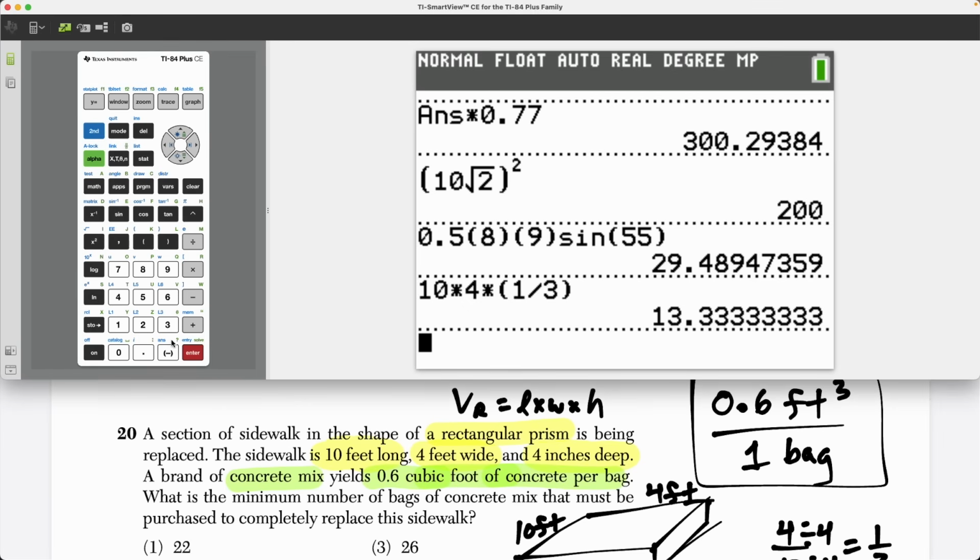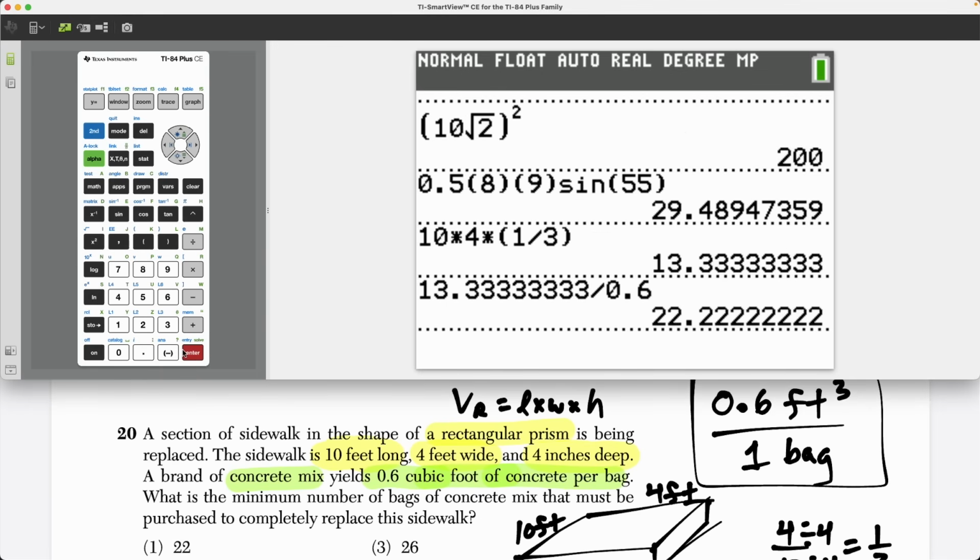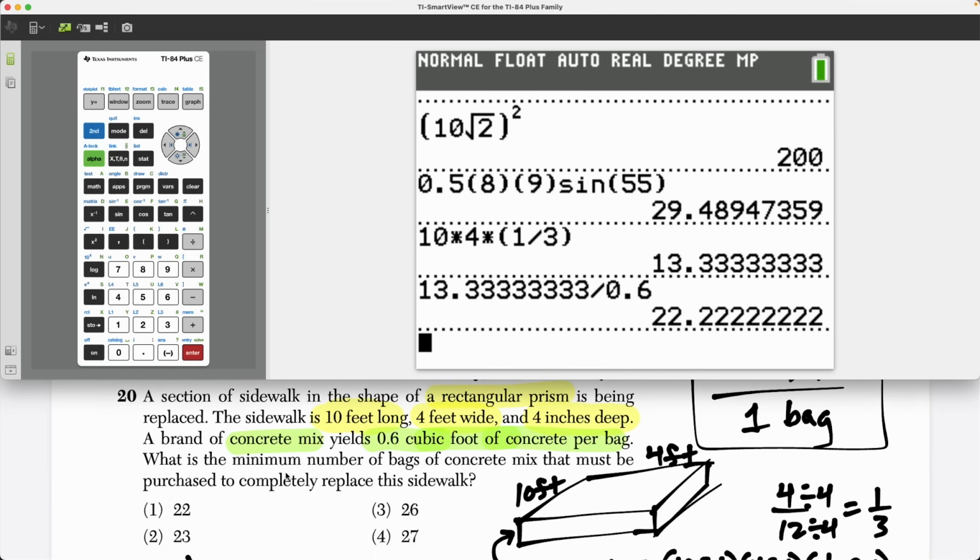So I'm going to take the answer, highlight it, press enter, and divide it by 0.6. We want to know the minimum number of bags. This last part is a little bit cruel. We look at the 0.2 repeating and think, oh, I have to round down because this is 4 or lower, but you can't buy a fraction of a bag of concrete mix.